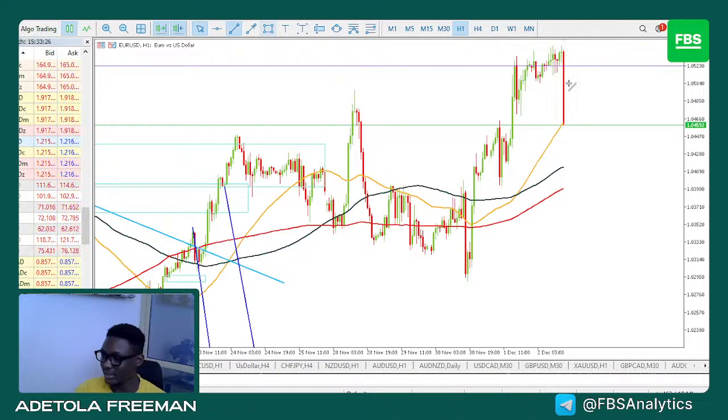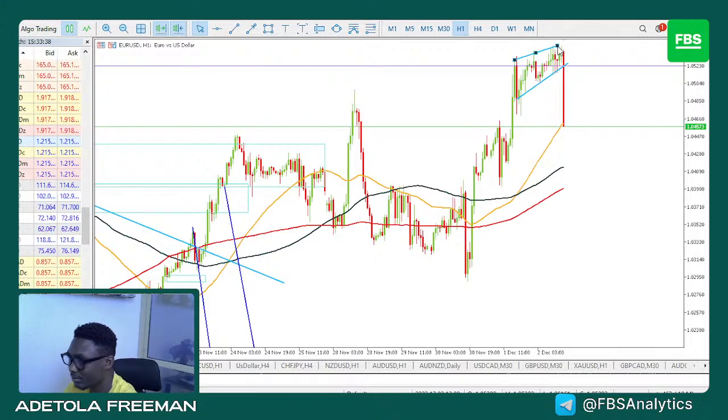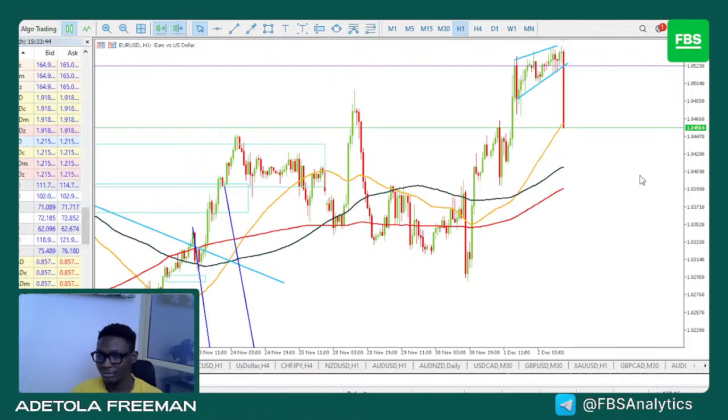Price has also broken out of a consolidation area. So price has broken out of this consolidation area, and you can see how massive that drop is going.